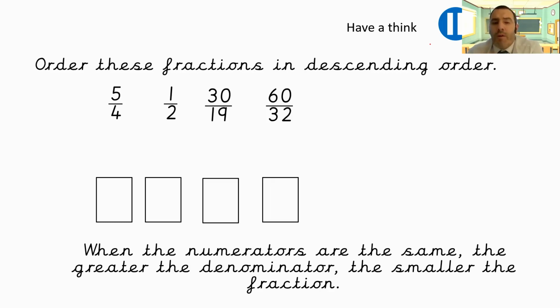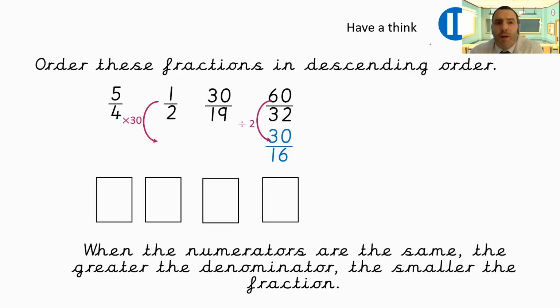So I need to look at my numerator, and I can because 32 is an even number, so it is divisible by 2. So 60 divided by 2 is 30. 32 is 16. So 30 over 16. We then have 1/2. We're going to multiply 1 by 30 to give us the 30 as the numerator.